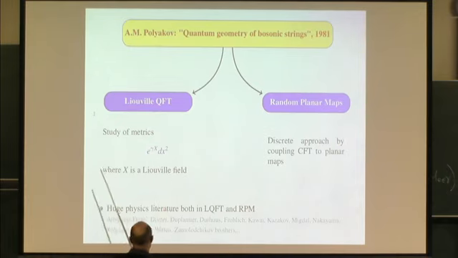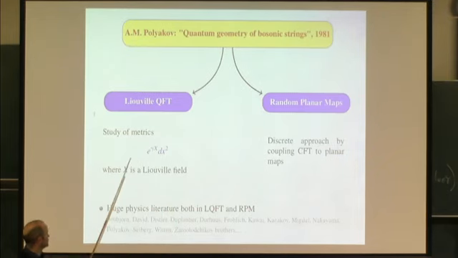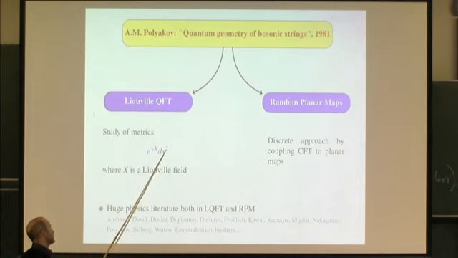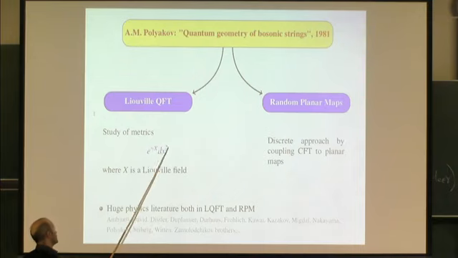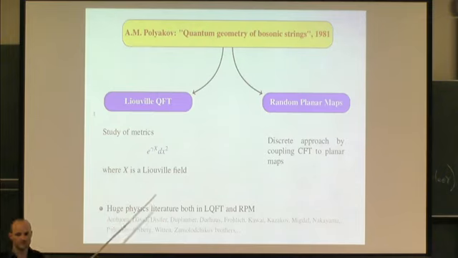And if you want to describe the geometry on your manifold, you will get the reference metric on your manifold. Say if you're on the sphere, this is just the round metric, and you will have a factor here, which is just the exponential of some random function, and this random function is a Liouville field, okay.